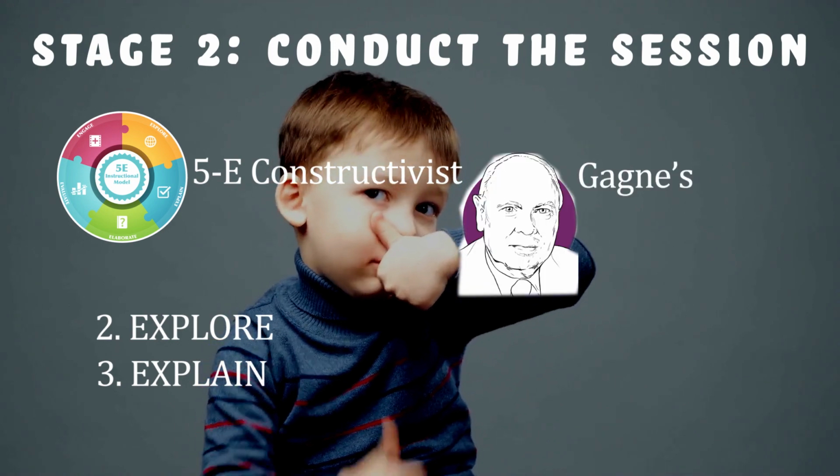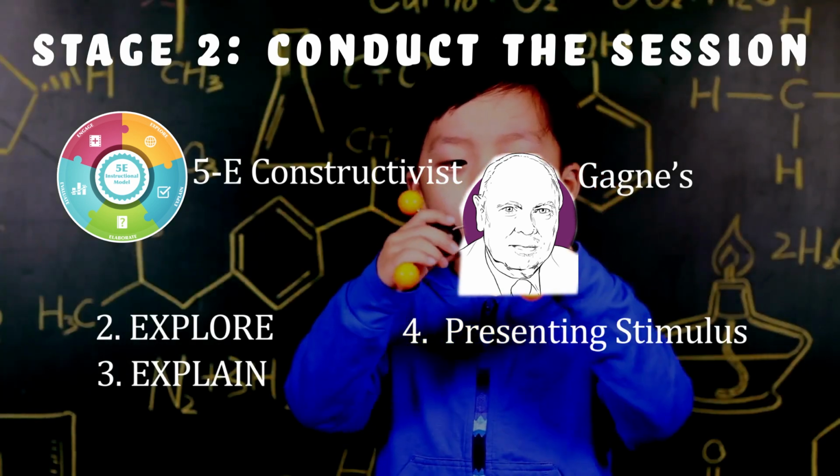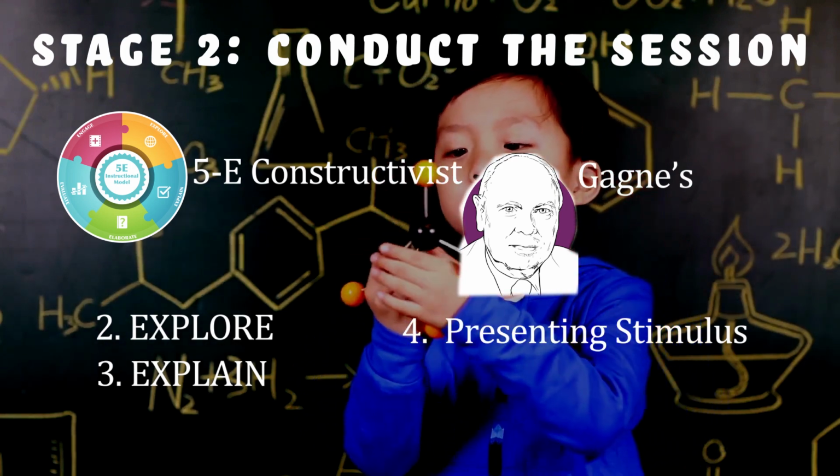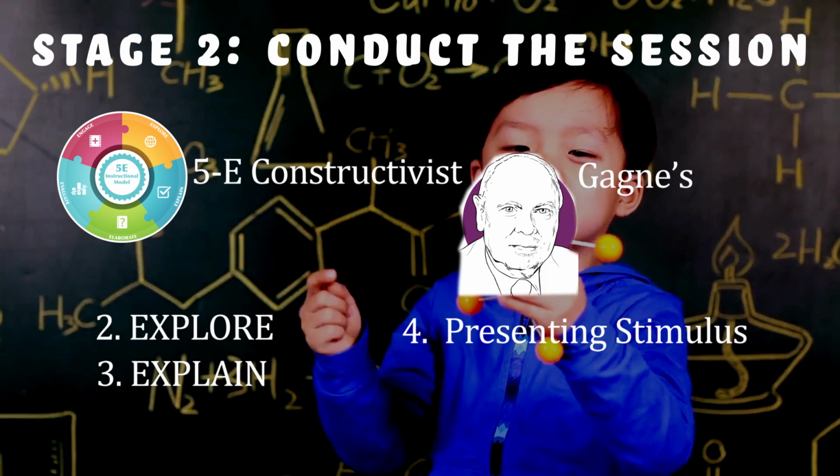In terms of the Gagne model, stage 2 should contain steps 4 to 6. Step 4 includes presenting the stimulus material. This refers to the activities that will push the attention of the learners to discover and learn more about the topic.